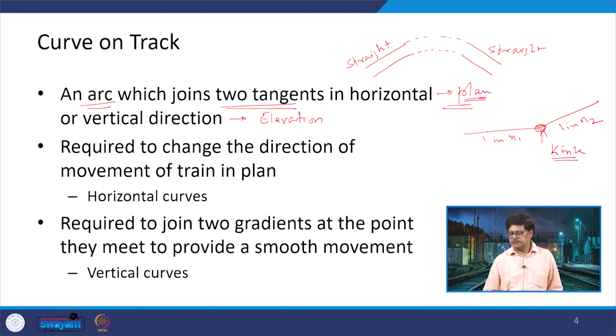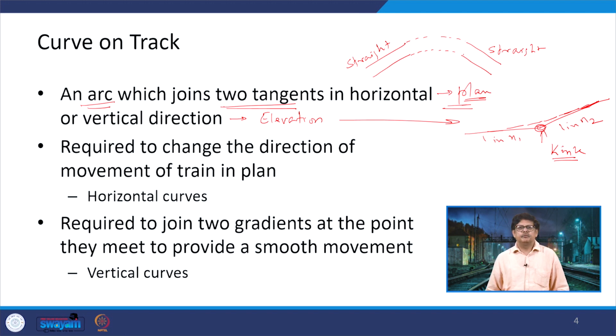So we smoothen it out and provide a curve in this form. That is in the case of elevation. In both of these cases these curves need to be there, and how these can be laid in the field is the focus of today's discussion.